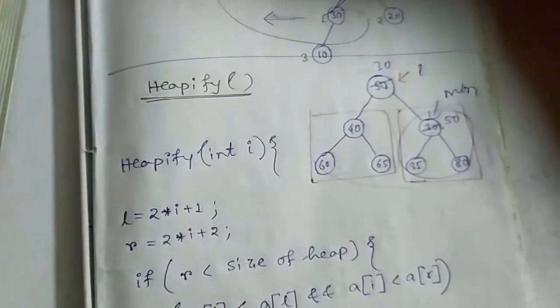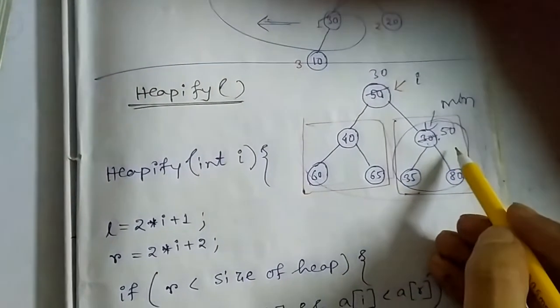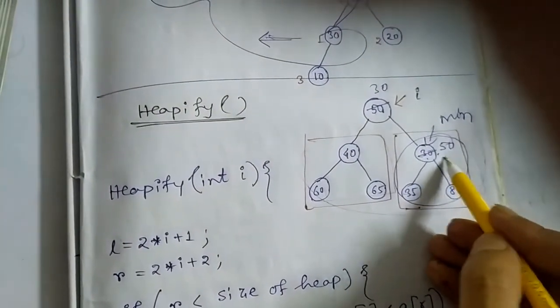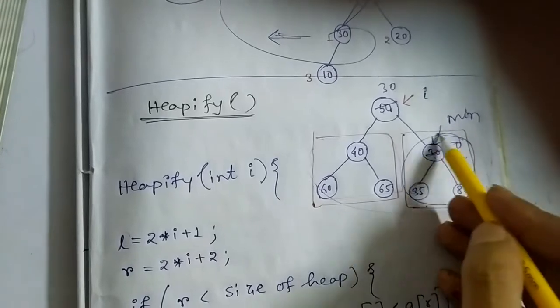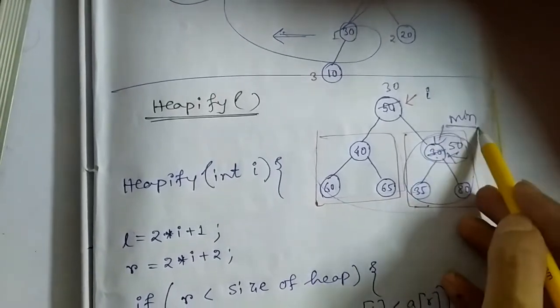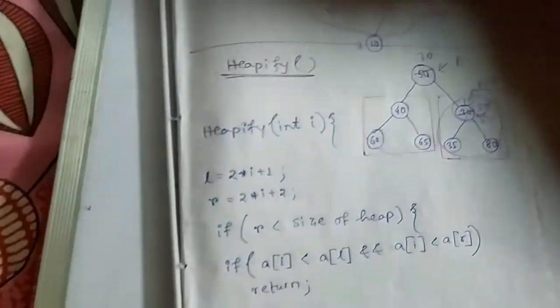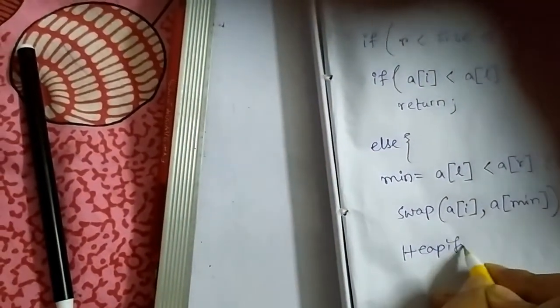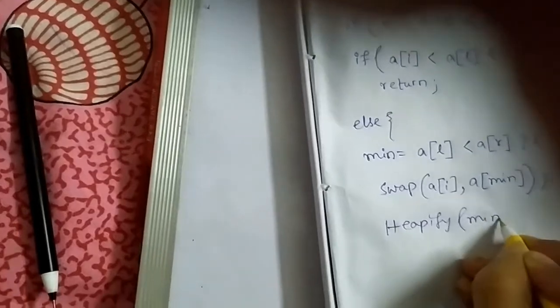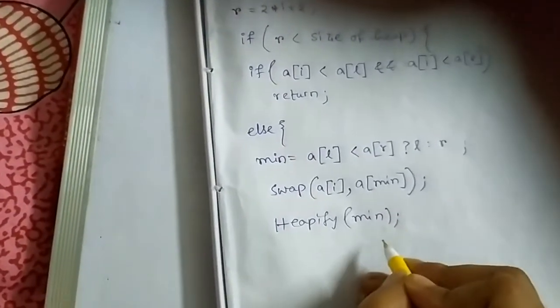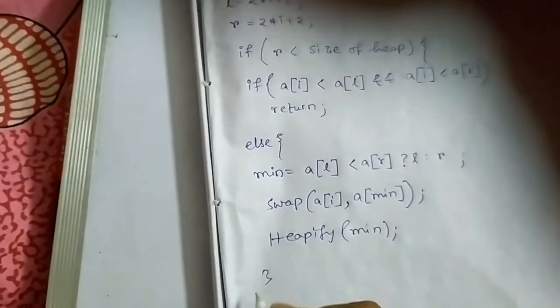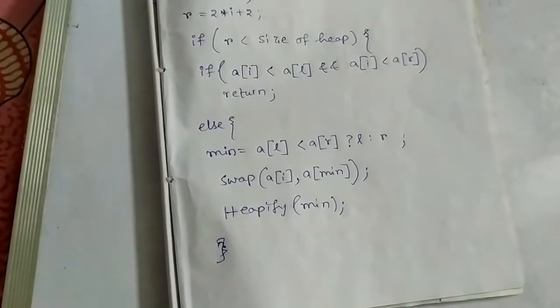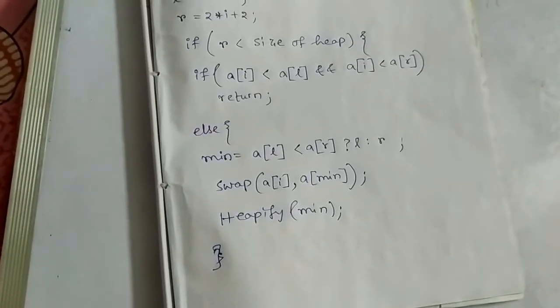That means again recursively I have to call the heapify function on this node. This node is pointed to by the minimum variable, so I will call heapify again on the minimum index. Thus we can implement our heapify function.